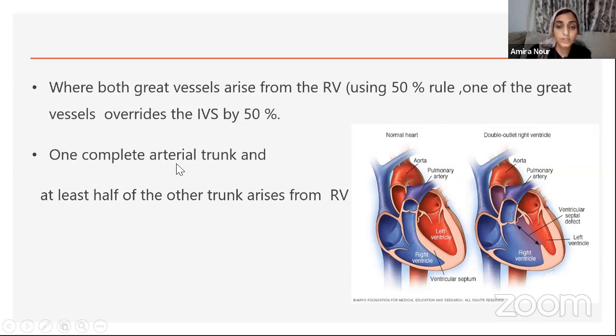Or in other words, one complete arterial trunk and at least half of the other trunk arises from the right ventricle. And as we can see from the illustration here, the aorta is arising from the right ventricle, and the pulmonary is arising from the right ventricle, and the aorta overrides the interventricular septum.